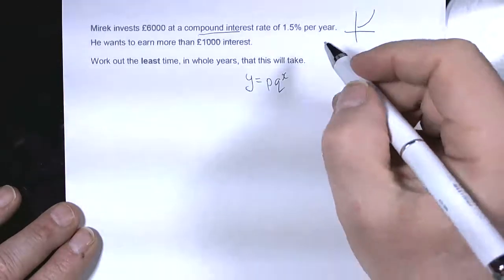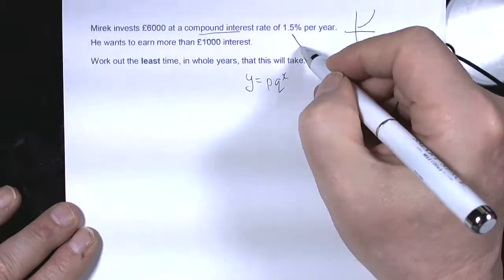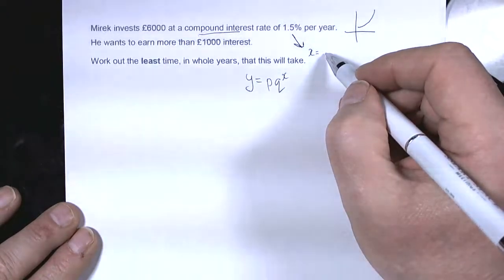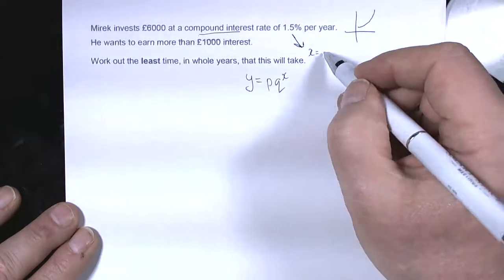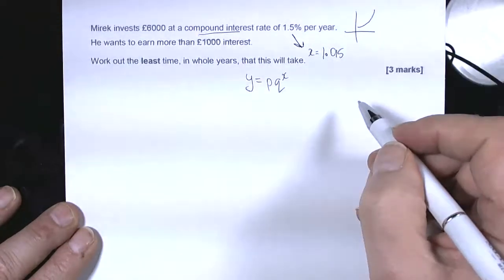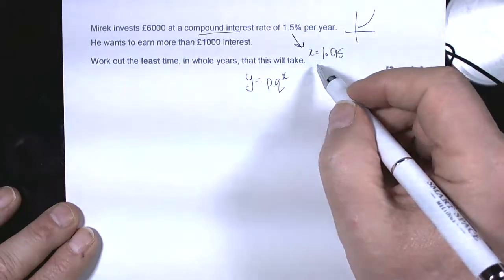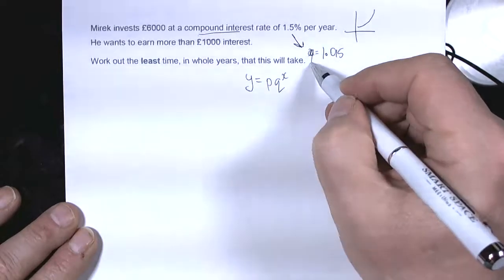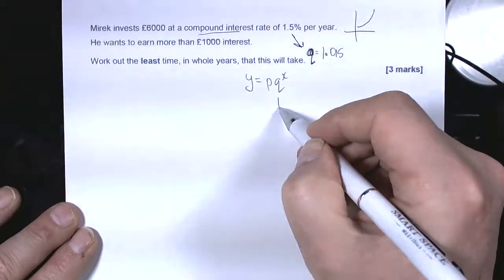So if the graph of this was drawn, then it would be a curve going up and up and up. So this tells us then that, because it's a compound interest rate, it's an increase, so that's going to be 1.015 as a multiplier. That's our x value. Sorry, not our x value, that's my fault. It's q, it's the multiplier. Do apologise.